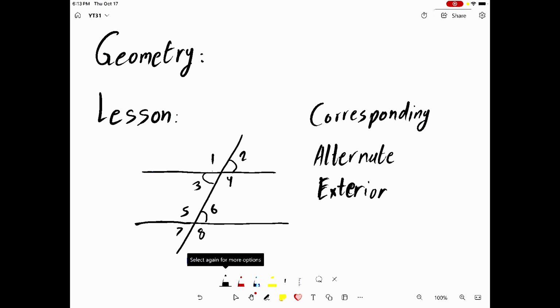The theorem starts is if we have two parallel lines, and by the way, these have to be parallel, and if a transversal or another line just comes and intersects it. Now that will create 8 different angles across the two lines and their intersections. I have those 8 angles labeled.